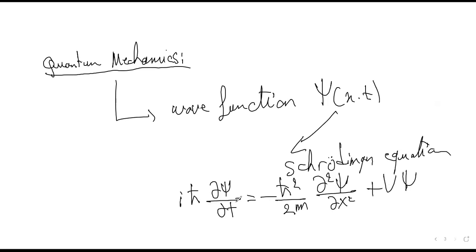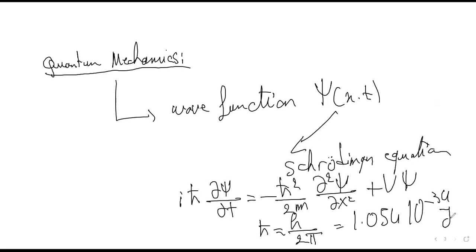Here the h bar is the Planck's constant divided by 2 pi, which is equal to 1.054 times 10 to the minus 34 joule second.